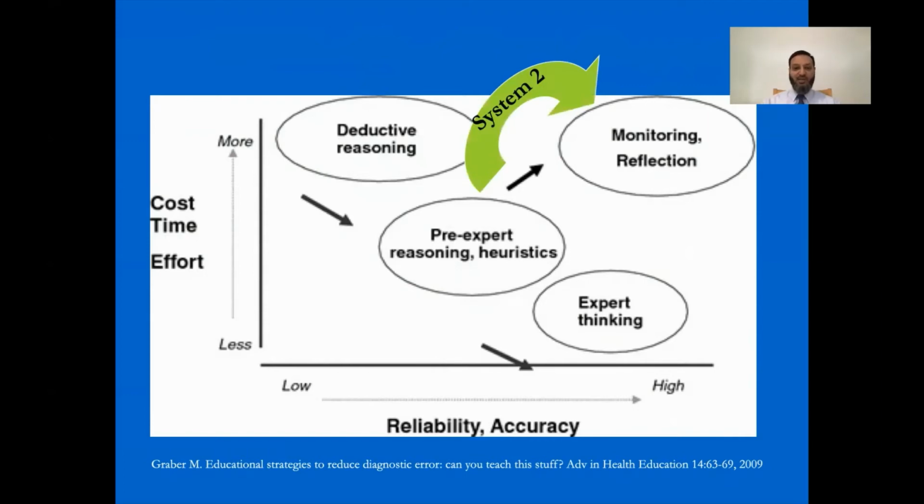System 2 can help us with that when we spend more time and effort and energy to reflect on and monitor the case. Another word that can be used to help us with this reflection process is metacognition. Metacognition is basically using a system 2 analytical approach to reflect on the patient to be able to more accurately and reliably diagnose what is happening with your patient.